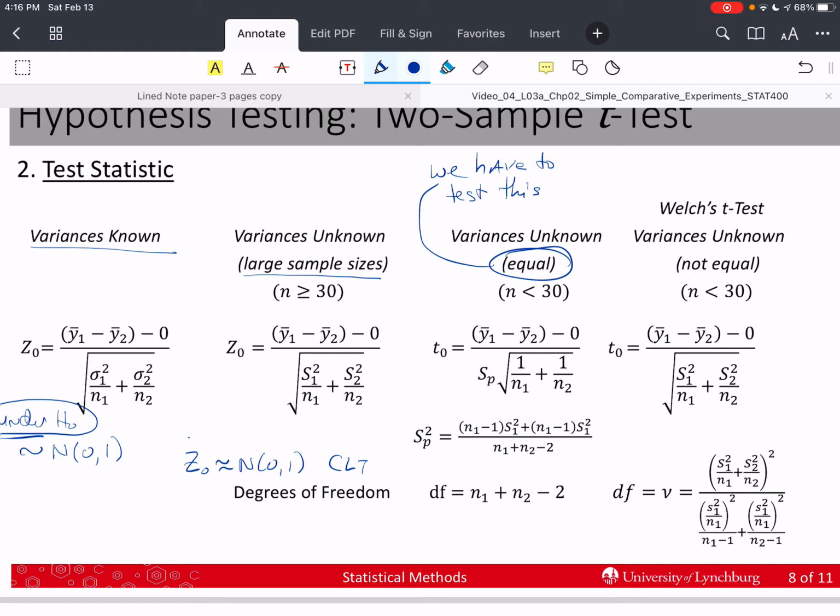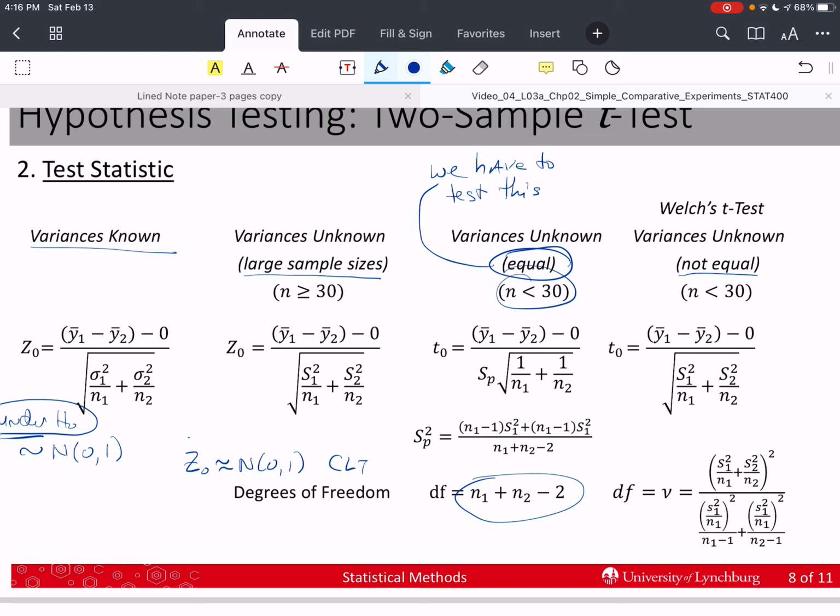No. Do a formal test, or else you may be making a bad assumption. We like the case where they're equal because, one, the degrees of freedom are easier to calculate, and two, this is not as conservative a test as if we don't know the variances.